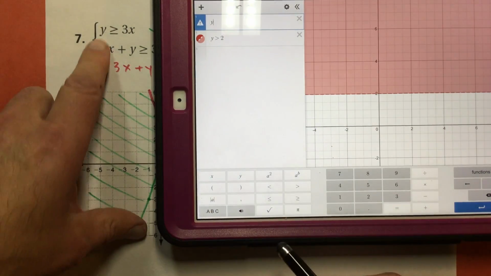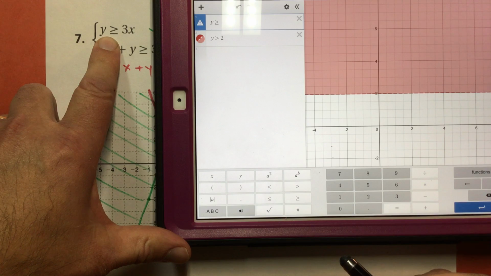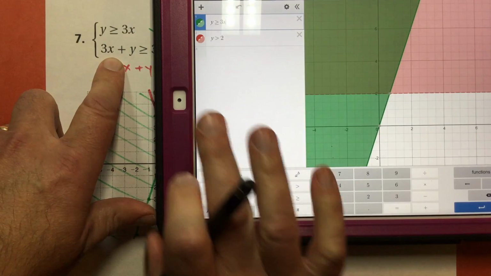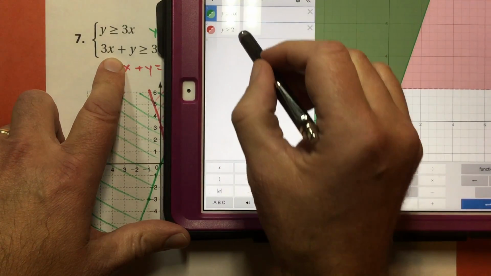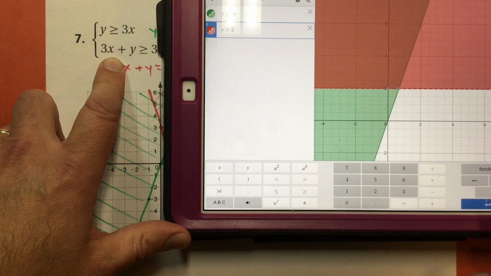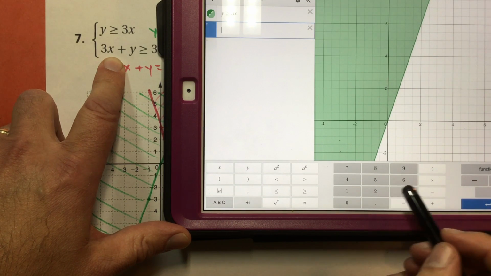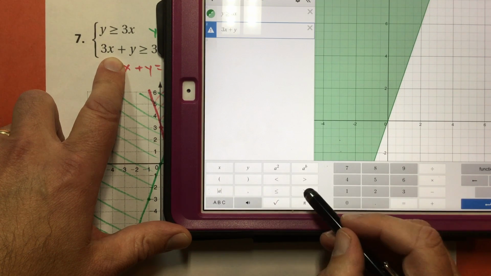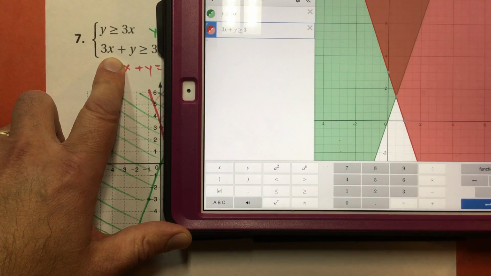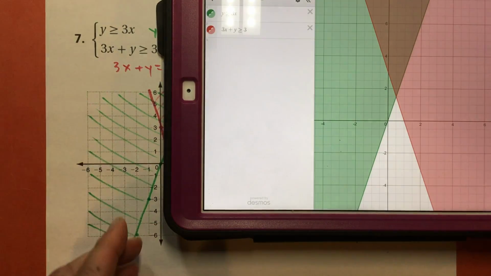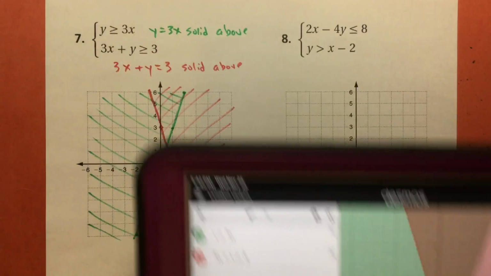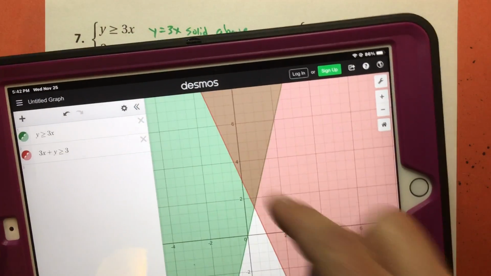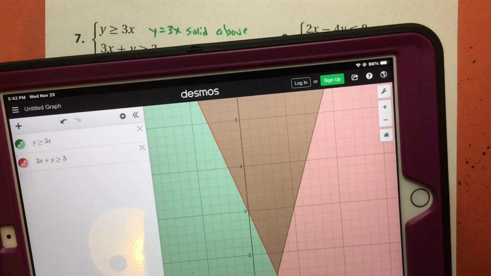So I got y is greater than or equal to 3x, and then 3x plus y is greater than or equal to 3. So my graph here, and I can see more of it with Desmos. This is one of the advantages. That looks like that. And this area up here on the top with both of them, that's the overlap.